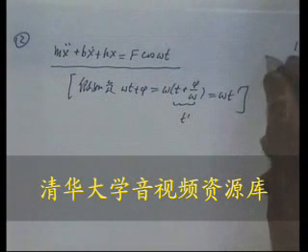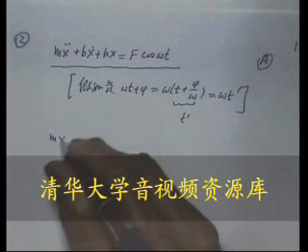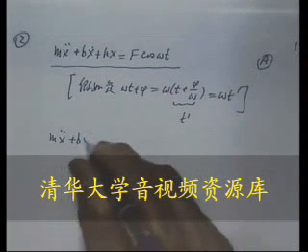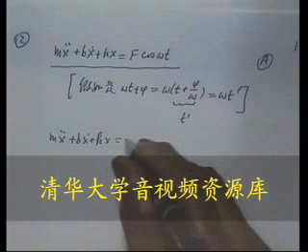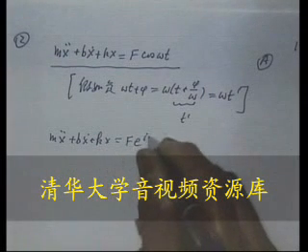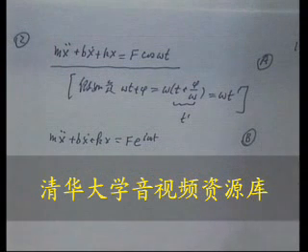Let's call this equation A. Then I wrote another equation like this, which I call equation B. I did not make clear why I can go from A to B. Now I want to make that clear.